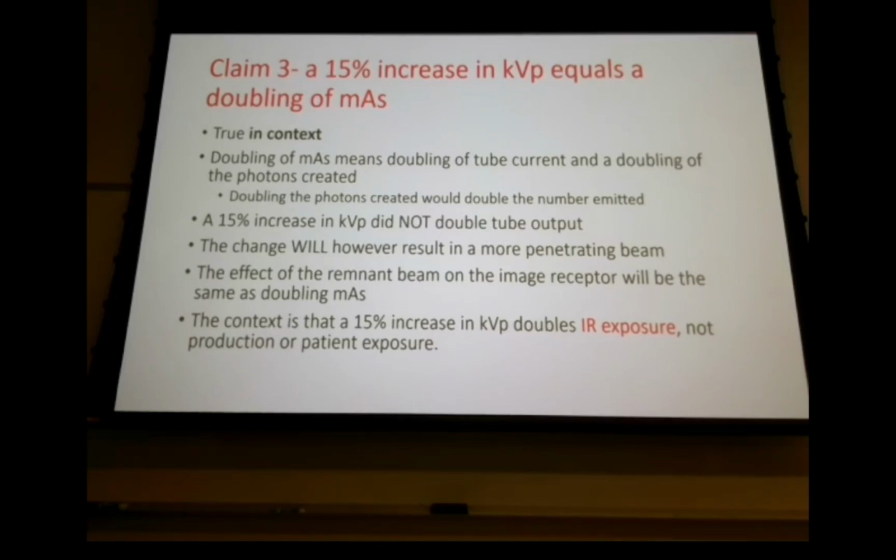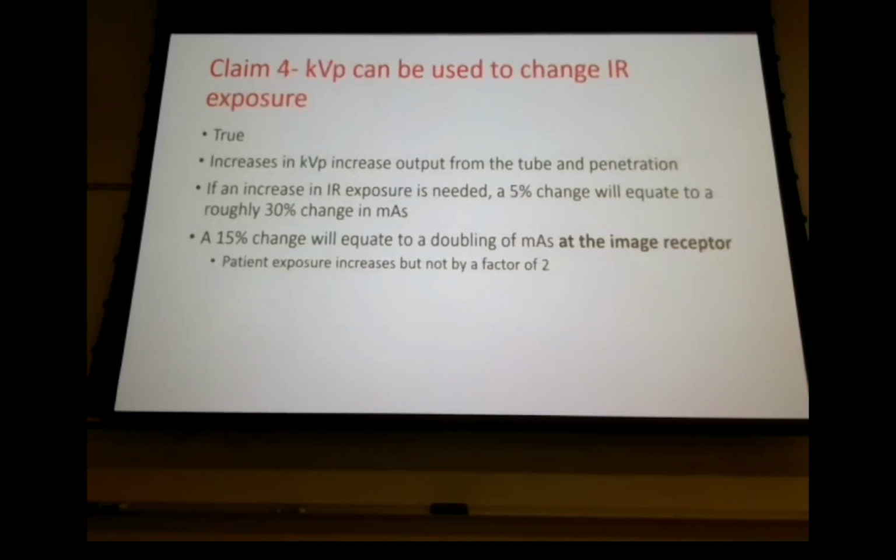Yes. Scatter penetration, not scatter creation, scatter penetration. Big difference between the two. If you ask if scatter creation goes up, it's false. It would absolutely be false. So the context there is a 15% increase in kVp doubles image receptor exposure, but not patient exposure.